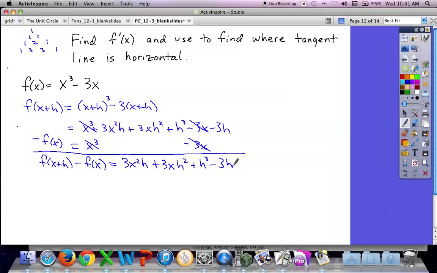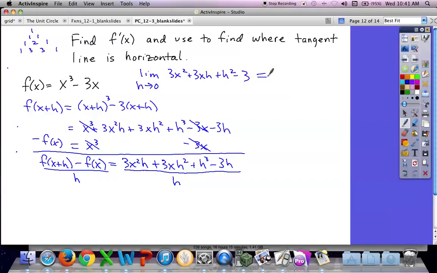Okay, divide by h. And again, the h will cancel. H in the denominator will go into every term in the numerator. So now we are taking the limit as h approaches 0 of 3x squared plus 3xh plus h squared minus 3.